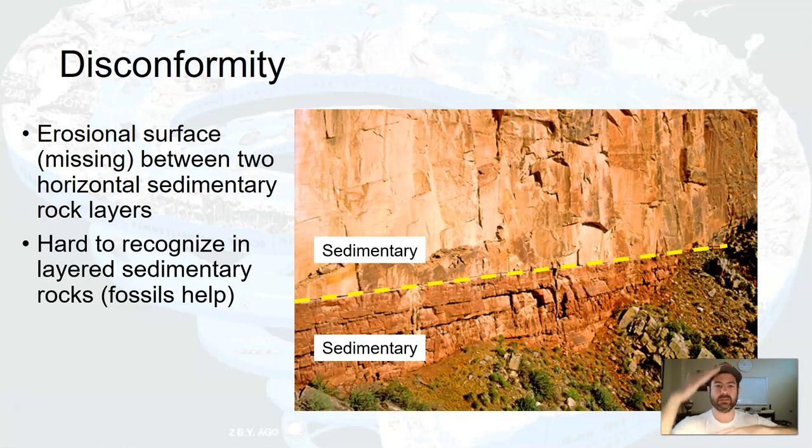Where did that go? This lower material was there at one point, but then weathering and erosion ground it down to an erosional surface, took 100 million years of geologic history away, and then new sediment was deposited on top that eventually formed sedimentary rocks. So disconformity: missing information between two layers of sedimentary rock.